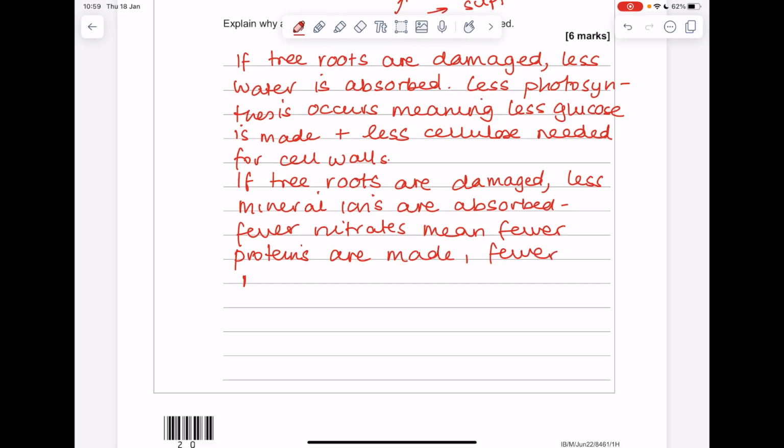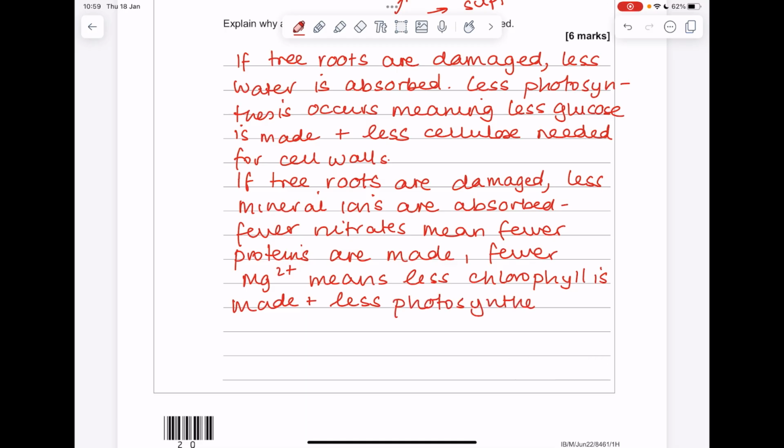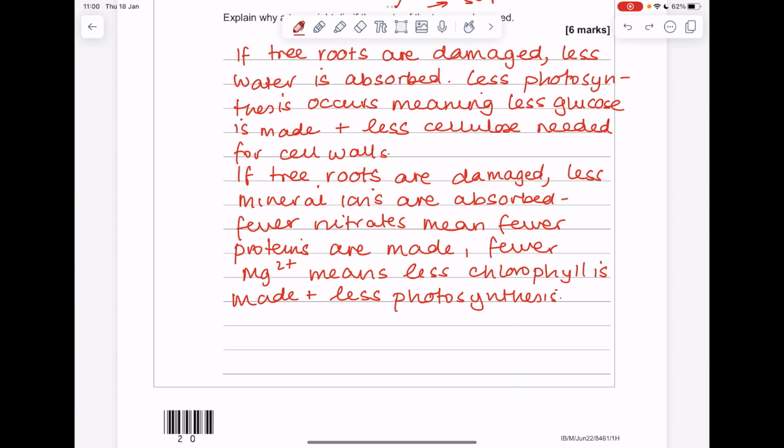Fewer magnesium ions mean less chlorophyll and less photosynthesis. So you really need to know what these various ions do. And then just generally, damaged roots mean that the tree is anchored or supported less well.